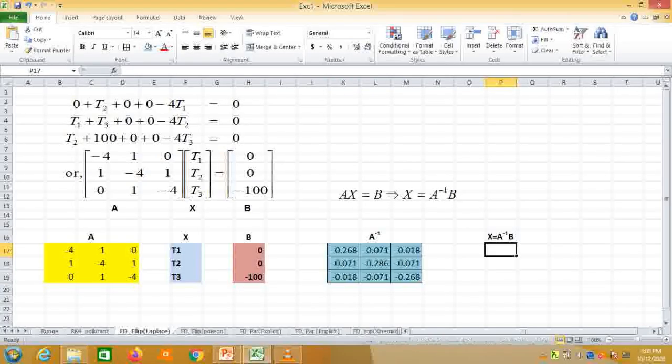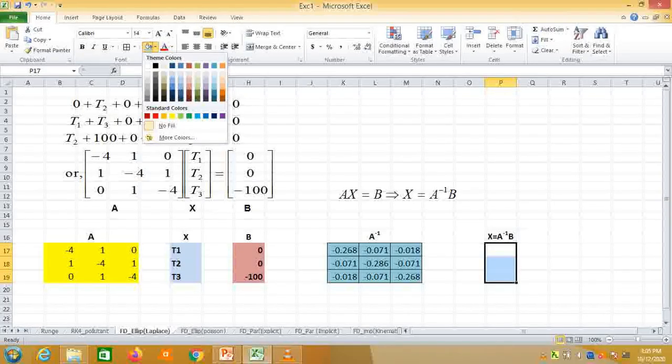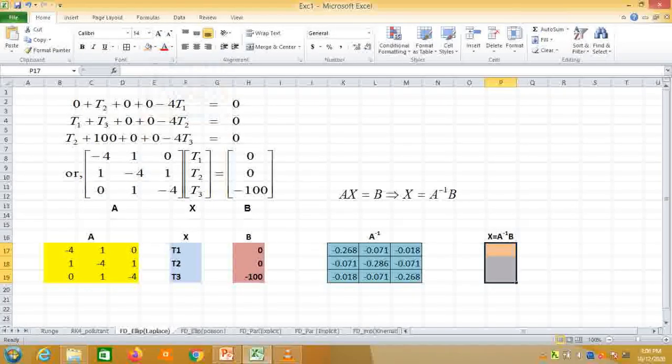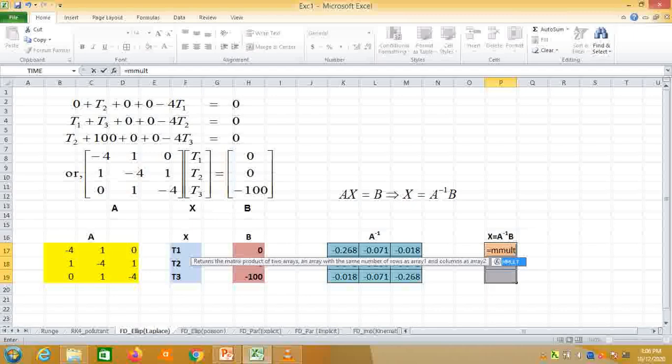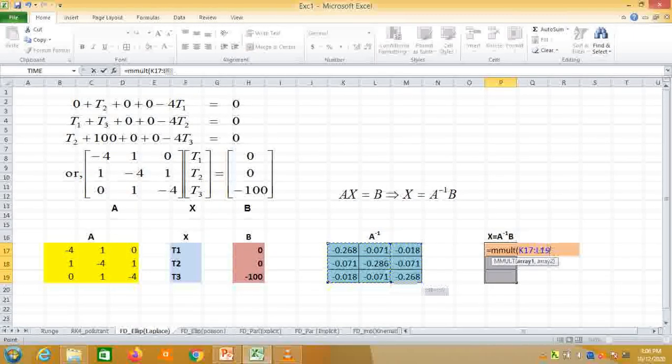So I'm going to choose a 3 by 1 space, then type equals MMULT, A inverse, comma, B. Then Control Shift Enter.